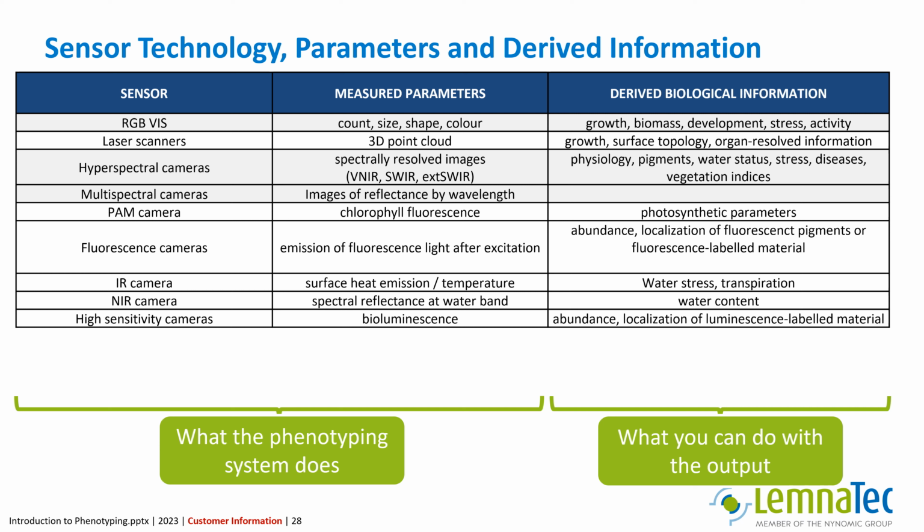The image acquisition and deriving parameters is what the phenotyping system does. The biological information is what you can do with the output of a phenotyping system. The table makes the overview. The next pages will give the details on the different imaging principles.